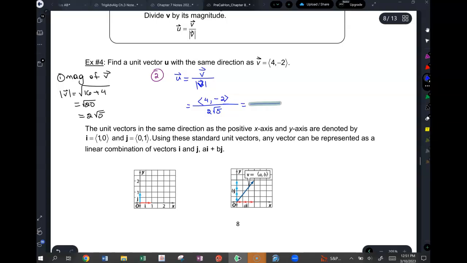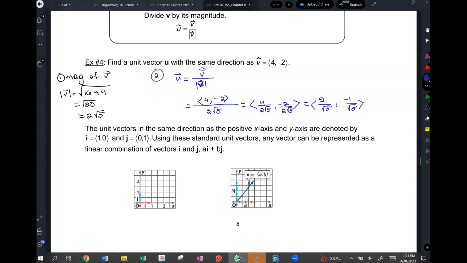Okay, so this is like dividing by a scalar, so each component gets divided by it. So it's going to be 4 over 2 root 5, negative 2 over 2 root 5. This is 2 over root 5, negative 1 over root 5.